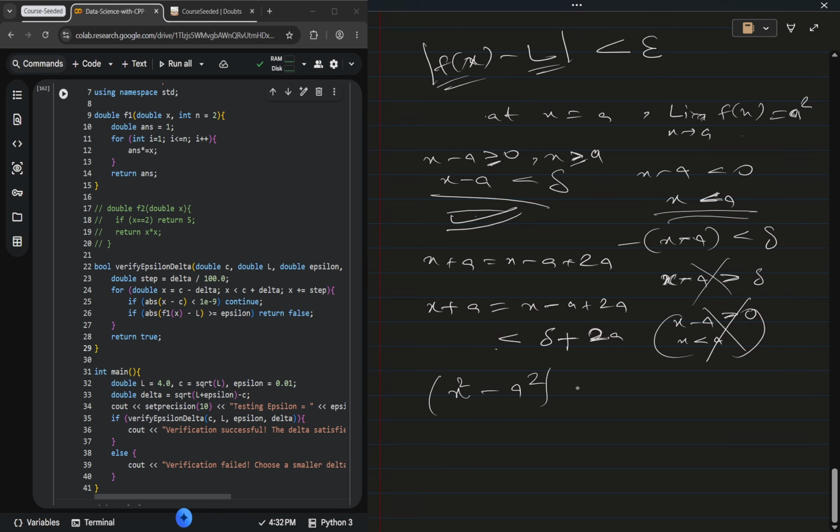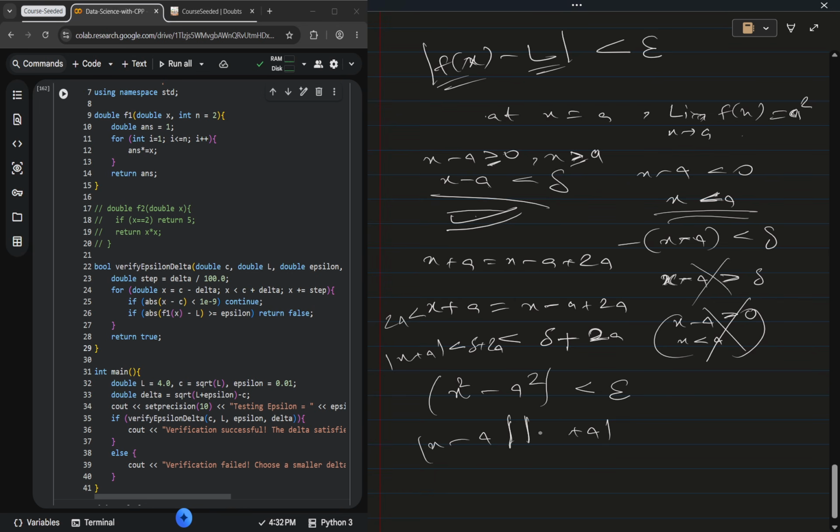So you have this mod, which is less than epsilon. Then you have |x minus a| times |x plus a|. There will be some 2a value as well over here, and you can finally say that |x plus a| is less than delta plus 2a. So you have all this.